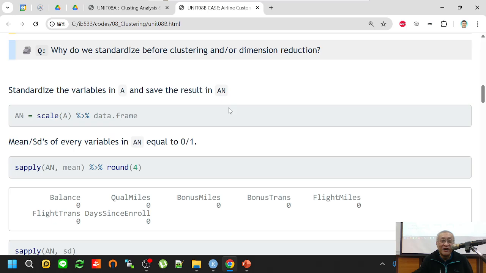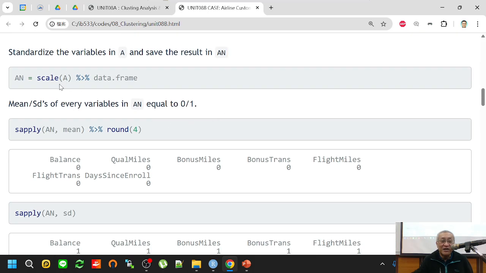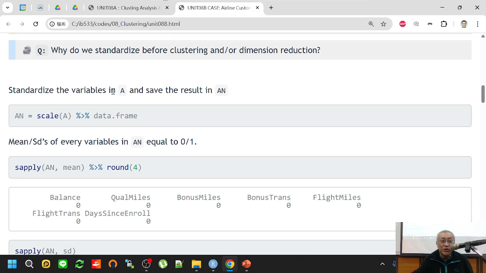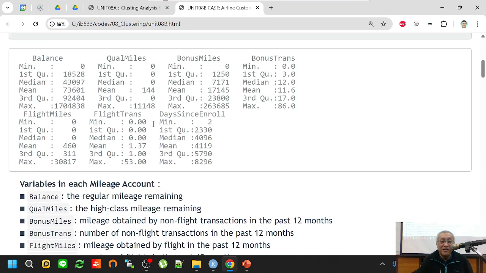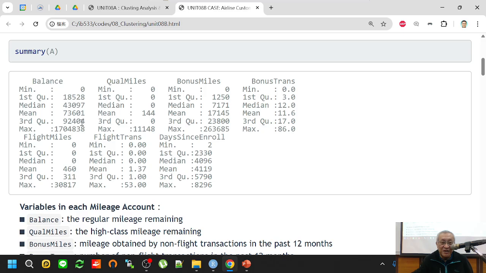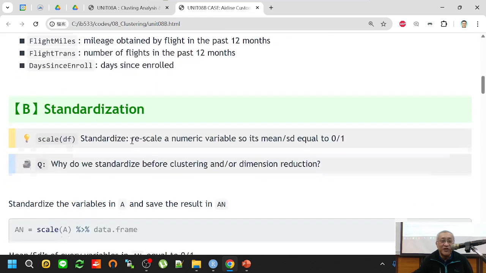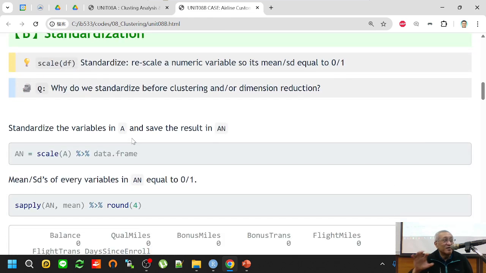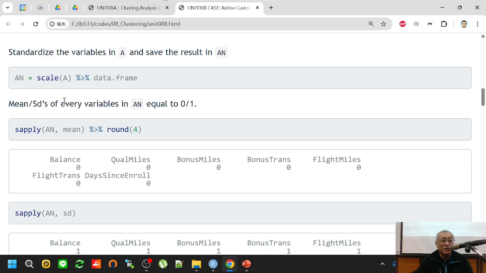So if we do a scale, the mean of every variable will become 0, and the standard deviation will become 1. In this way, when we do the clustering, every variable would have the same significance.